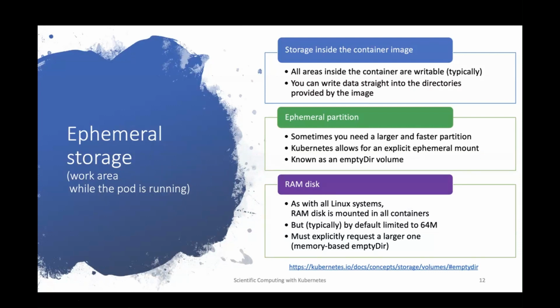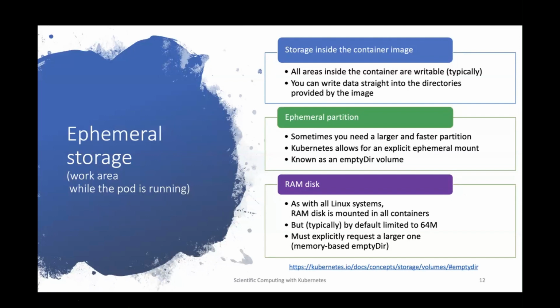When you need some more space, it's better to create a dedicated area that you will use as scratch space. And you can do that by explicitly telling Kubernetes, I need an area called blah, blah, blah, that will be my scratch space. And the concept for this in Kubernetes is called an empty-dir volume.